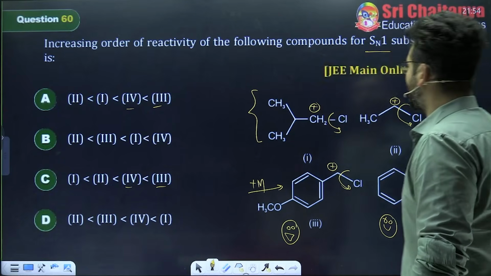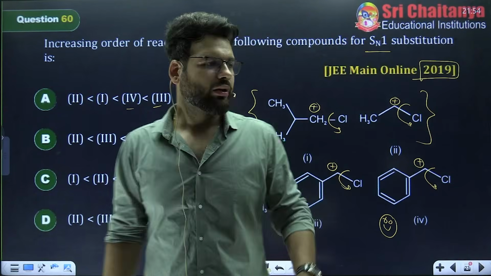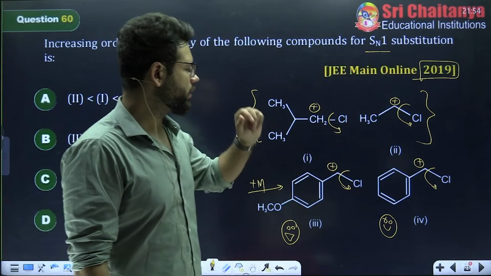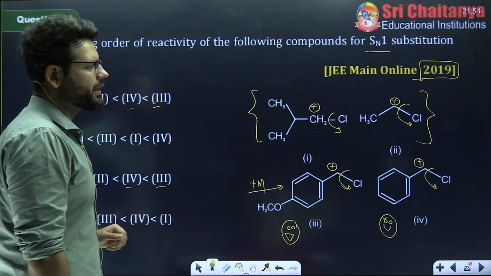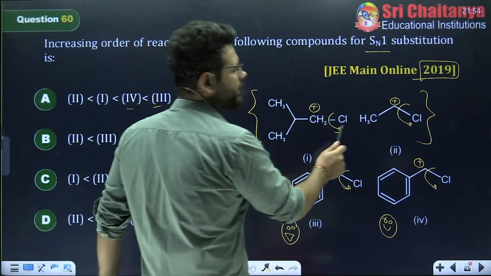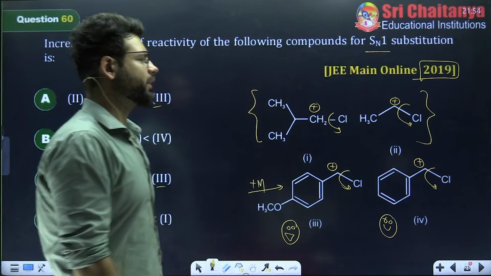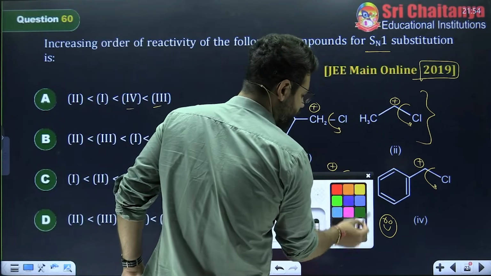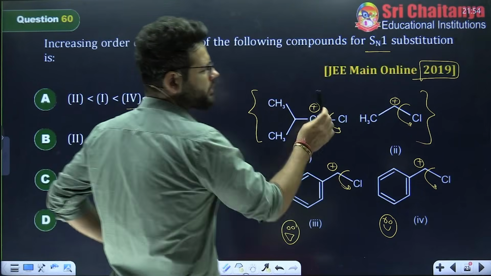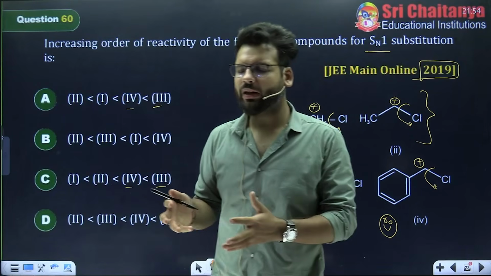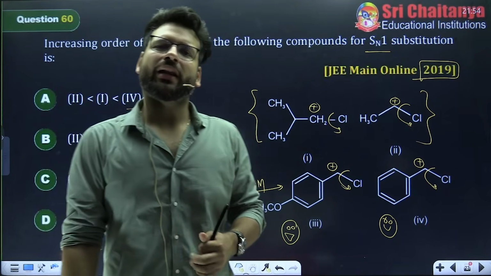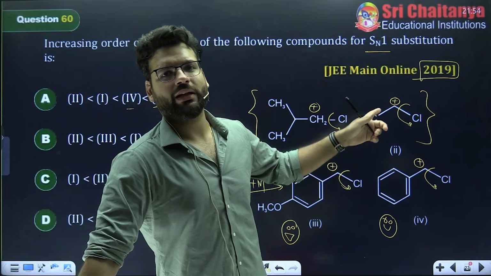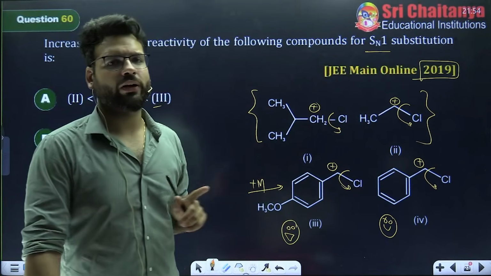Among the carbocations, which is better, ethyl carbocation or isobutyl carbocation? This is a little bit of a factual point that we need to think of. Whenever small primary alkyl carbocations are there, they are never stable, although hyperconjugation is more present here: 3 alpha hydrogens here and only 1 alpha hydrogen there.